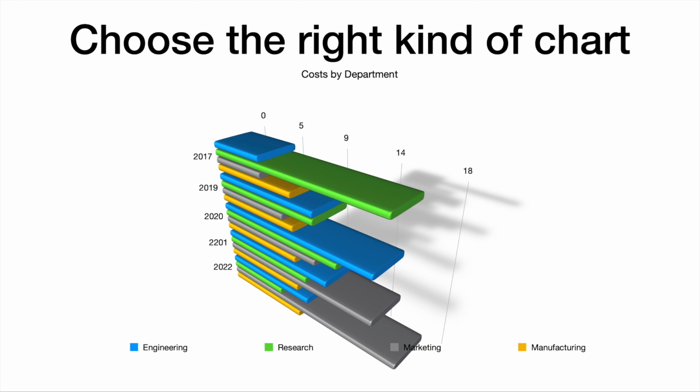Gorgeous, but completely pointless. It doesn't illustrate the data at all. In fact, it has the pretense of trying to provide all of the information, but you can't really see what's going on. You could probably figure out that marketing is going up, but the information is obscured here really. It's not as useful. Looks gorgeous.